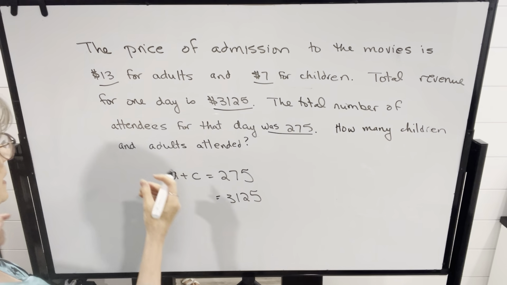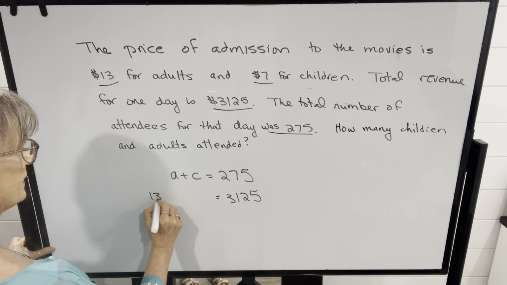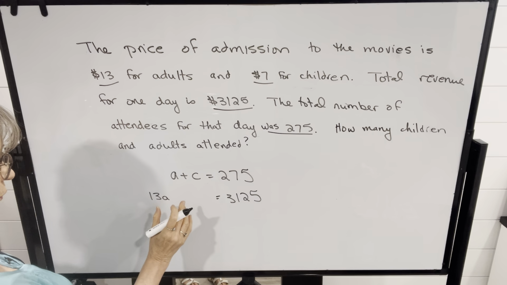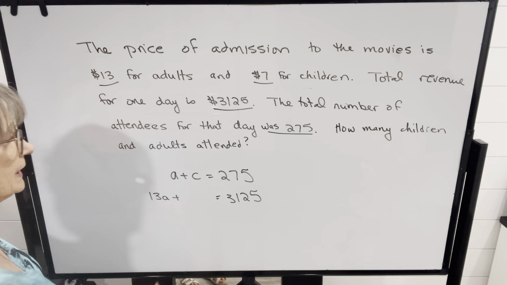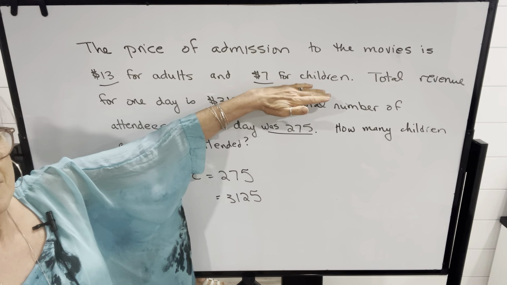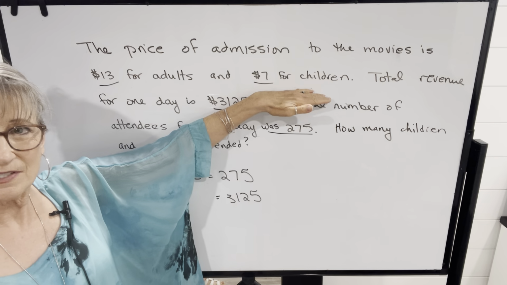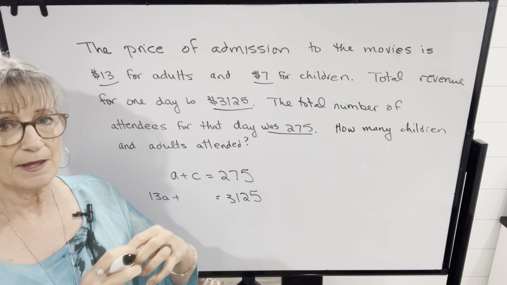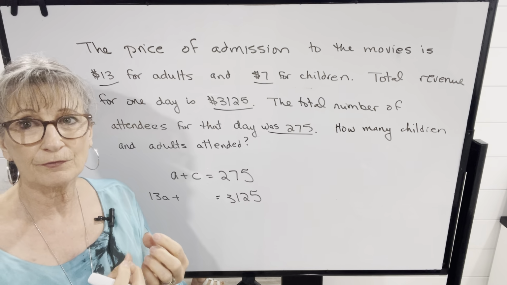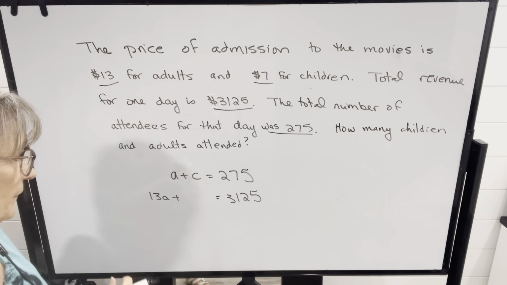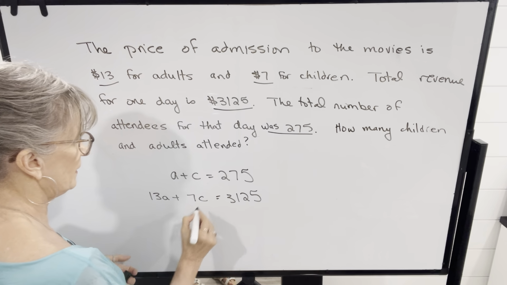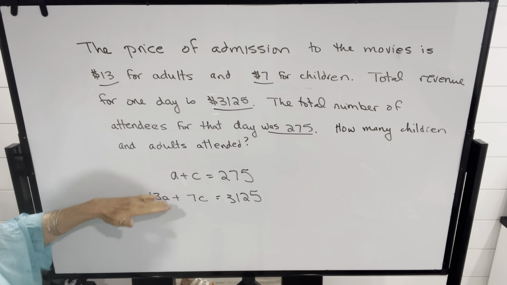So 13 times A will be the price that the adults paid in total. Similarly, each child paid $7. So if I multiply $7 times the number of children, that will get me my total revenue from the children tickets. So that will be 7C. So there's my two equations.